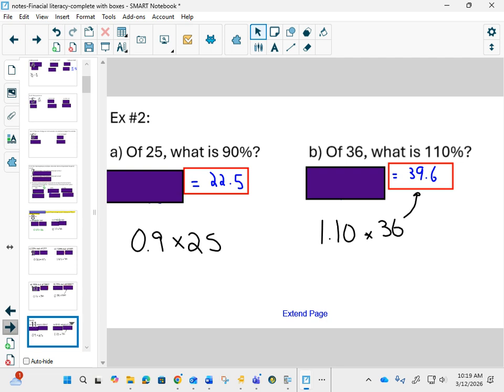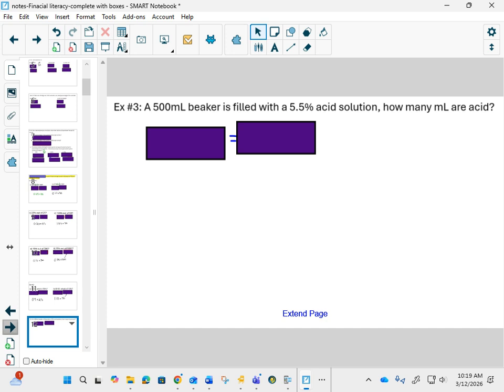Okay. So now, for those of you that like science, percentages are used in science. You have a 500 ml beaker filled with a substance that has 5.5% acid solution. What do we want?